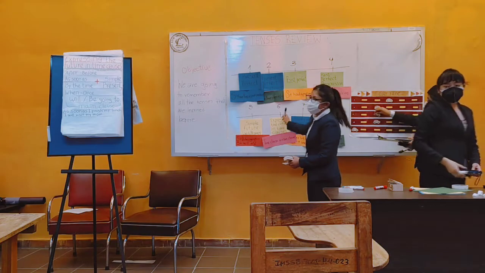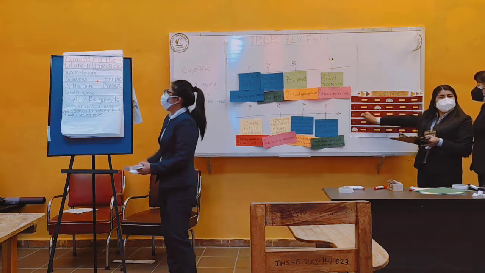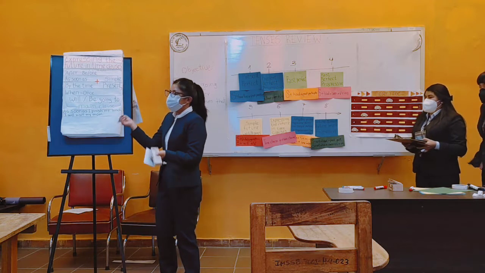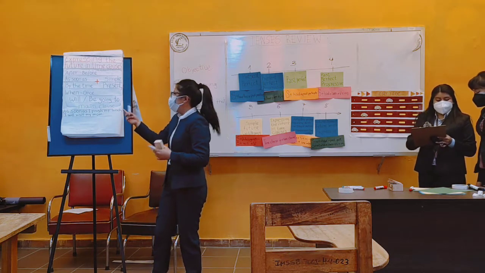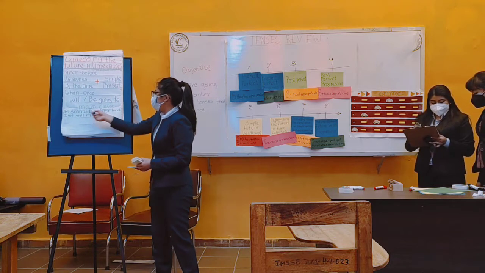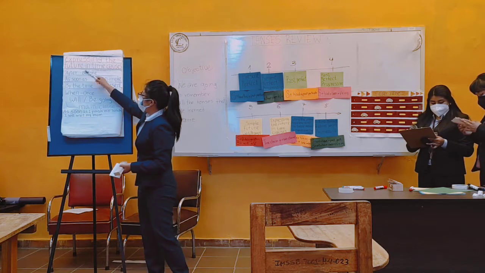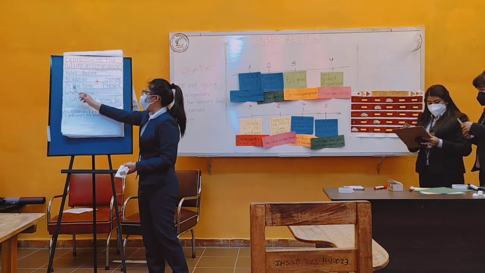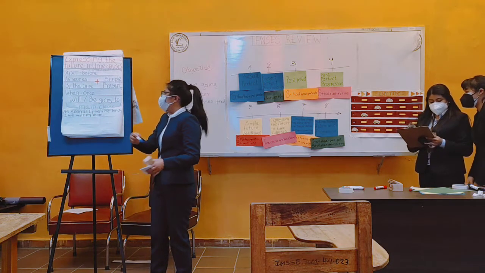So about point 6, expressing the future in time clauses. When we use time clauses for expressing the future, this sentence is going to be divided into two: the time clause and the main clause. The time clause contains the adverbs that we are going to use: after, before, as soon as, by the time, when, once, and others.